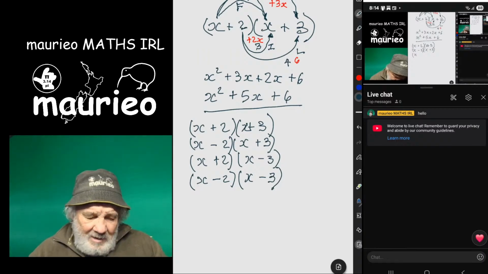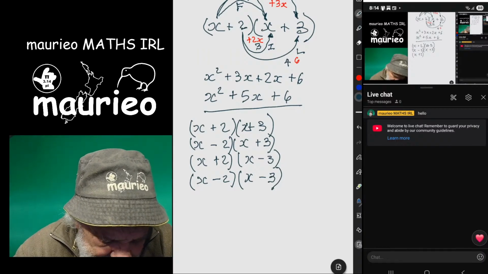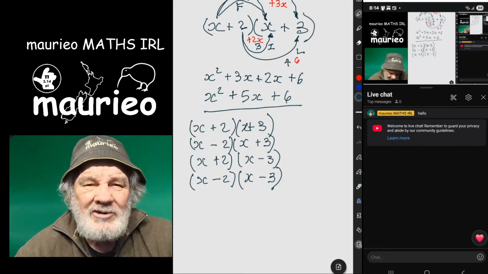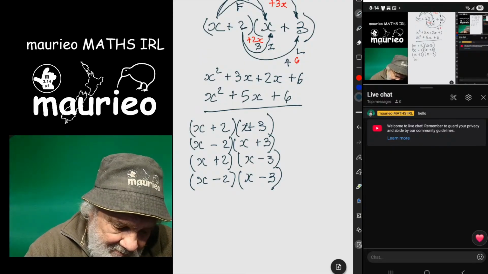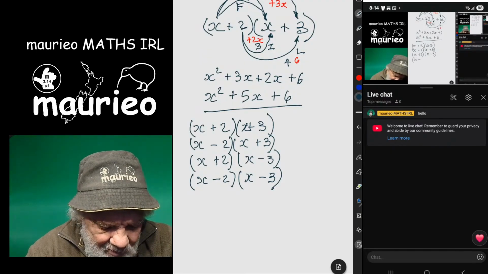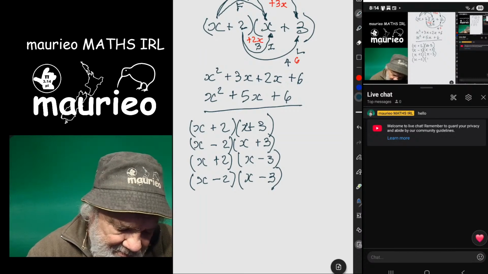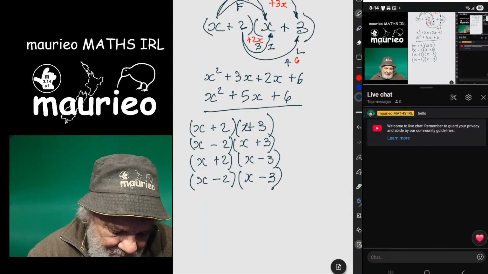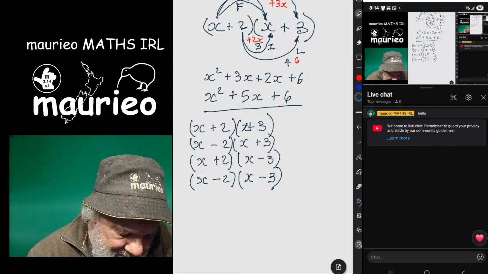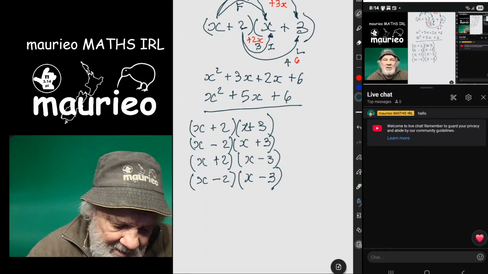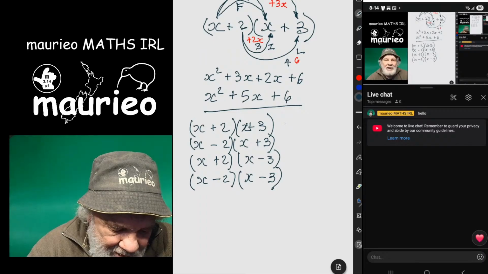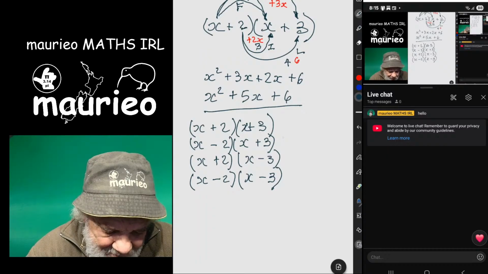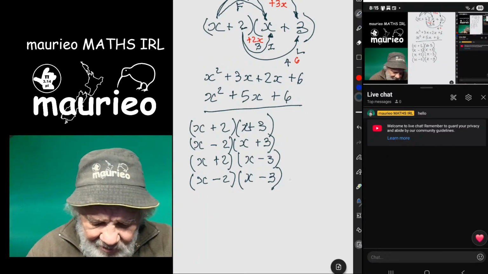What I've done there is look at all of the variations possible with those two factors: plus 2 with plus 3, minus 2 with plus 3, plus 2 with minus 3, minus 2 with minus 3. Signs the same and positive, signs different, signs different, signs the same but negative.